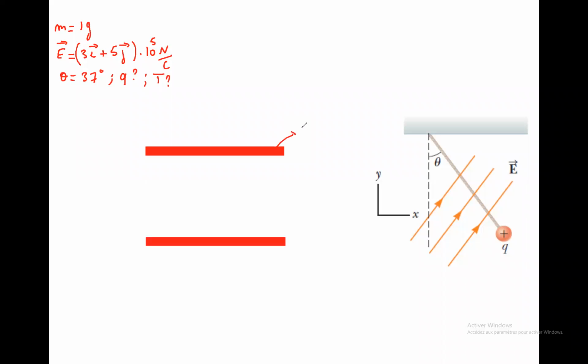This one has a plus Q and the other has minus Q. Between these two plates, we have a constant electric field, which is directed from the positive to the negative direction.